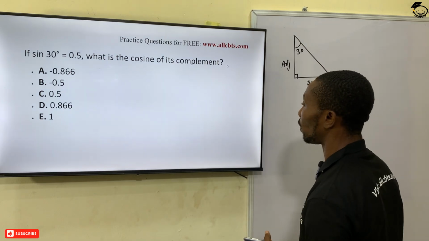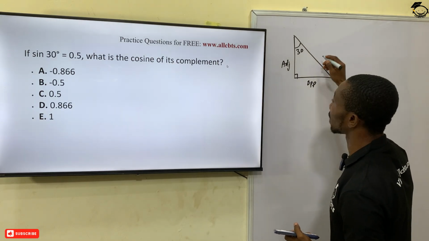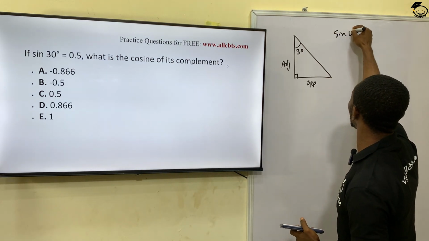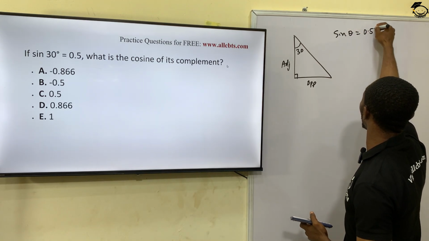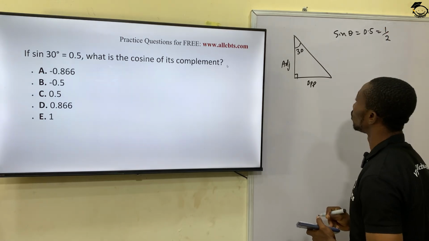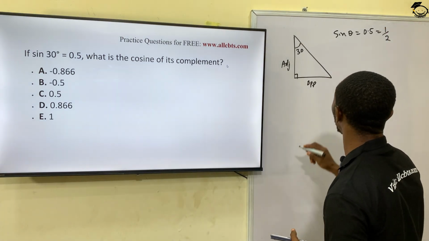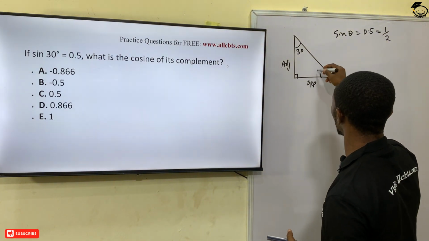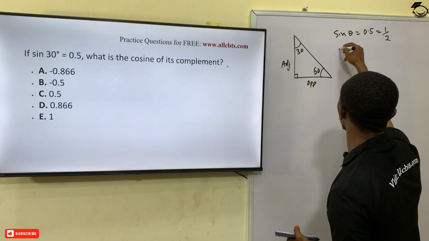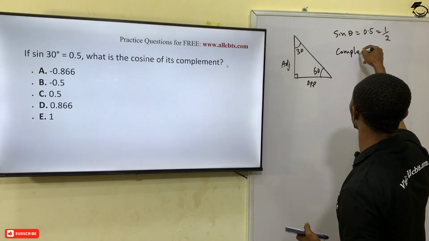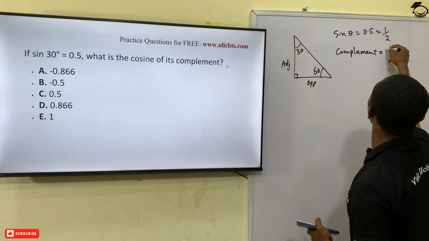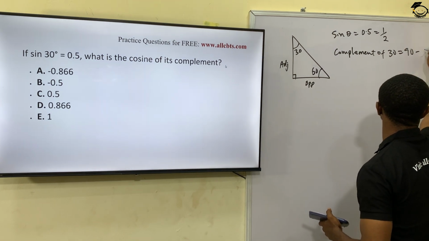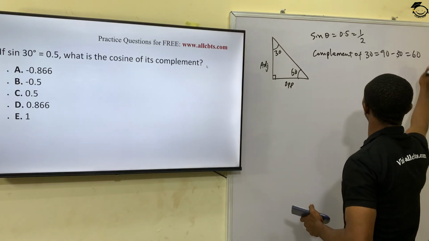All right. Now, in this case, we are told that sine theta is 0.5, which is 1 over 2. So if we are looking for the complement of 30, it would be 90 minus 30, which will give us 60 degrees.